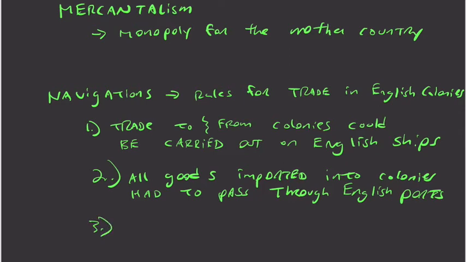And then the last thing we'd say is that they specified what they called enumerated goods. Some of these goods, whatever they might be, tobacco it starts with, could only be shipped to England.